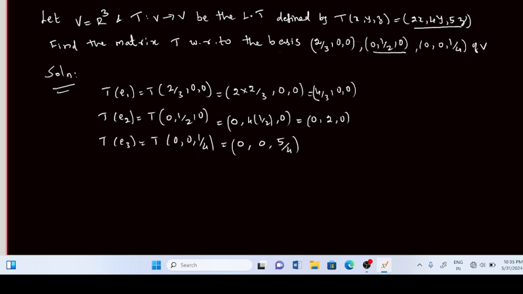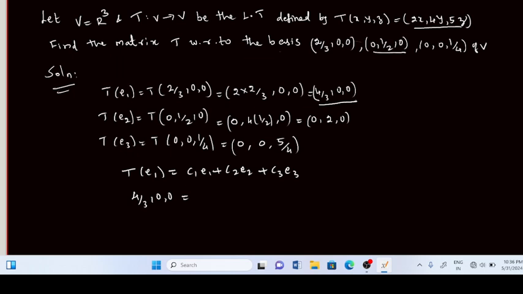So here we have three values. To find the matrix, we must substitute in T(E1) = C1 E1 + C2 E2 + C3 E3. So T(E1) is (4/3, 0, 0).